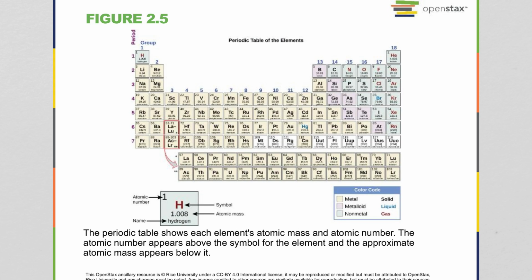Right, so when you actually visualize this on the periodic table, these are your periods going across. These are your groups going up and down. And for the sake of biology, all you really need to know is that these groups or columns, the elements in those columns tend to behave in similar ways.